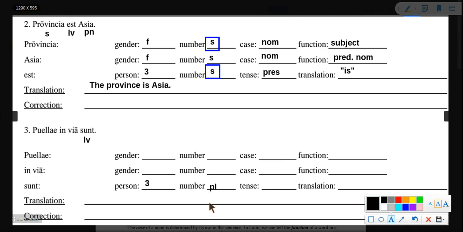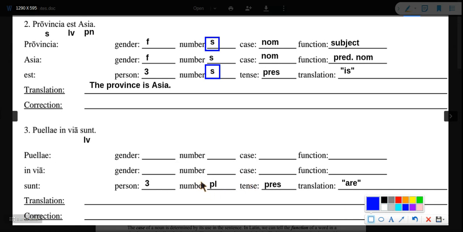Your third singular est, as we had above. Our tense is present, and the translation of sunt is are. Now, if you remember, in Latin, you have what is called subject-verb agreement. Since our verb is plural, our subject must also be plural. We'll keep that in mind.